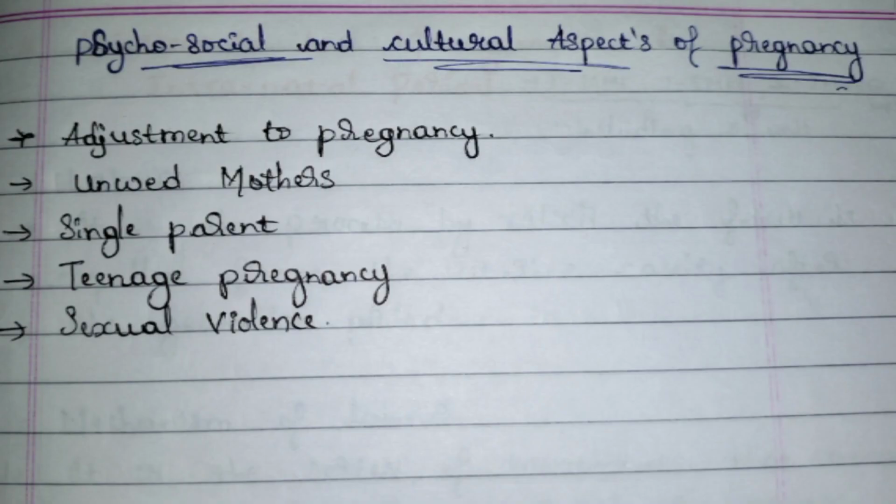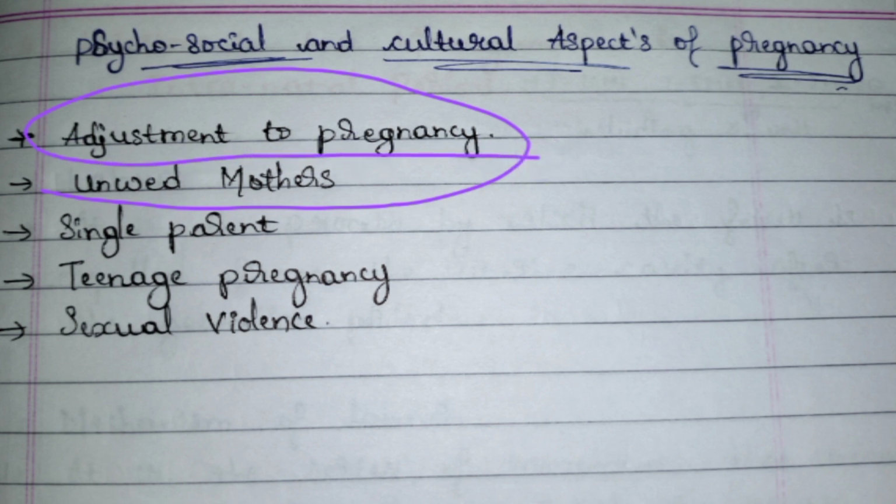Now, psychosocial and cultural aspects of pregnancy. What are the changes related to psychological, social, or cultural aspects? What are the aspects that affect women during pregnancy? The first one is adjustment to pregnancy. During the time of pregnancy, the woman's body will be changing month after month.